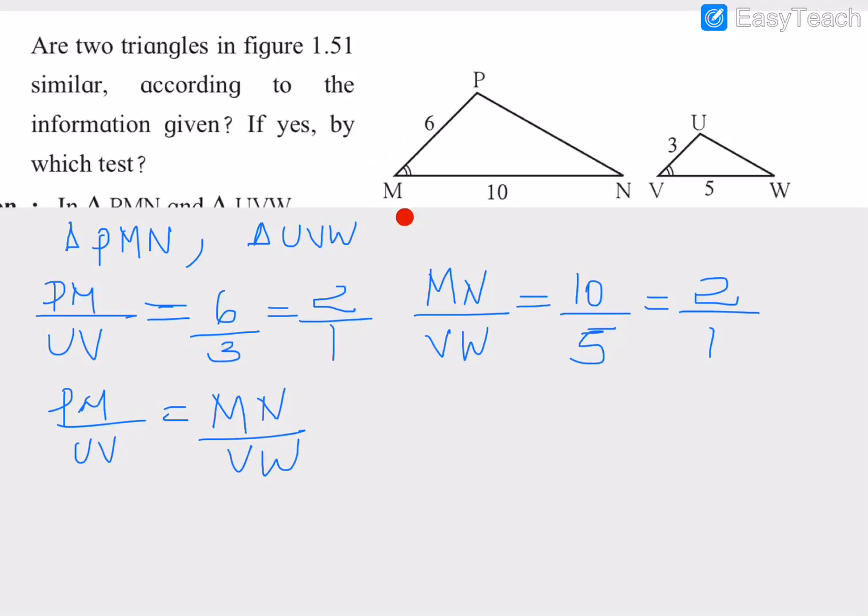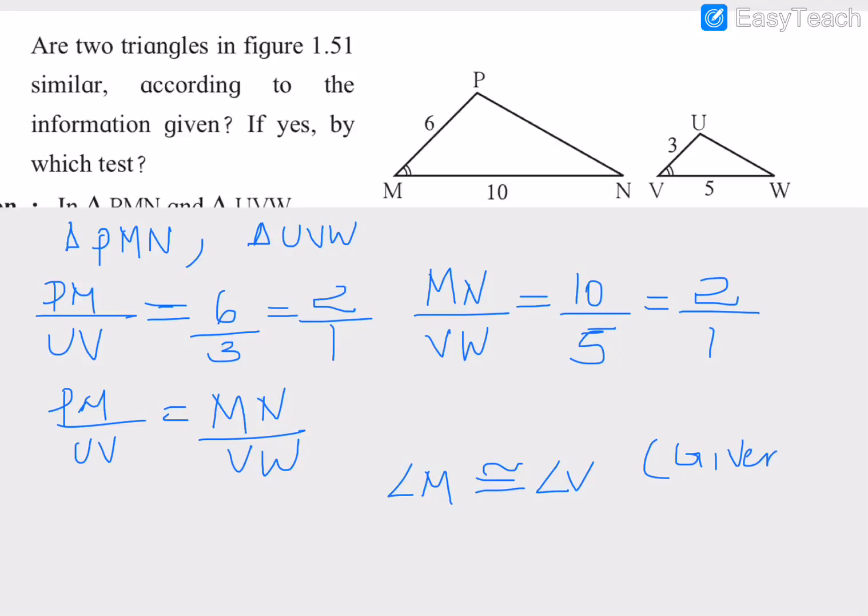And also, you can see in the image, angle M is equal to angle V. So we can write that angle M is congruent to angle V, as it has been marked in the figure.